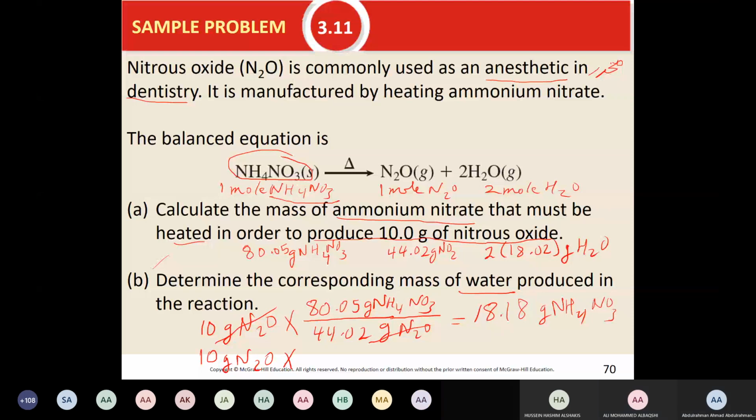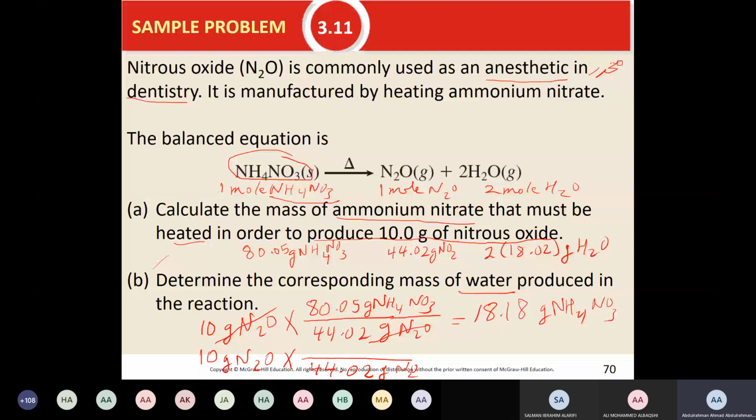What should I write at the bottom? The whole mass, 44. And in the top, the mass, 2 multiplied by 18.02 gram H2O.